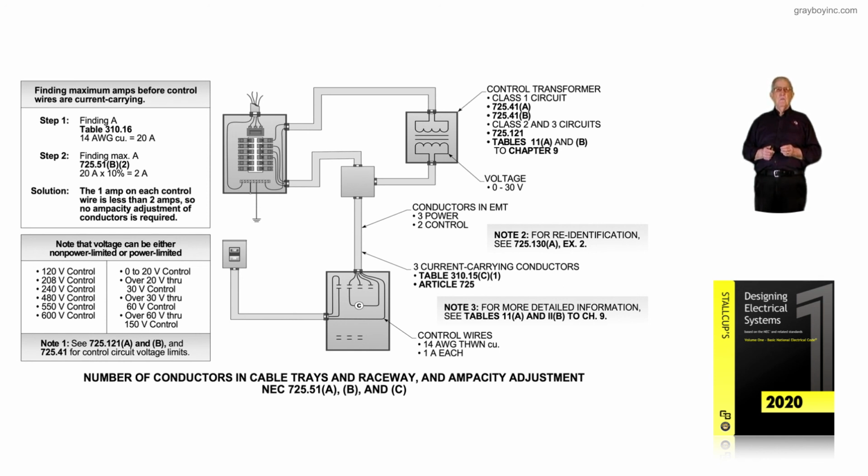So we pick these rules up in this section, 725.51A, B, or C, and of course Figure 4-16 gives you a complete illustration pertaining to these rules and these requirements.